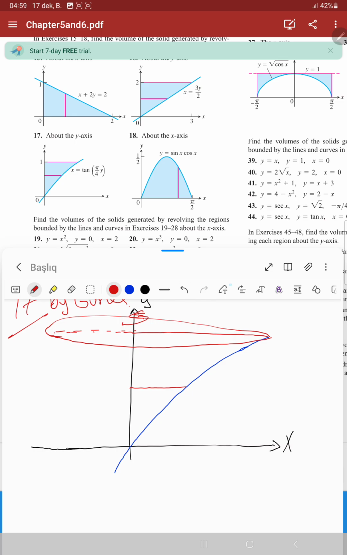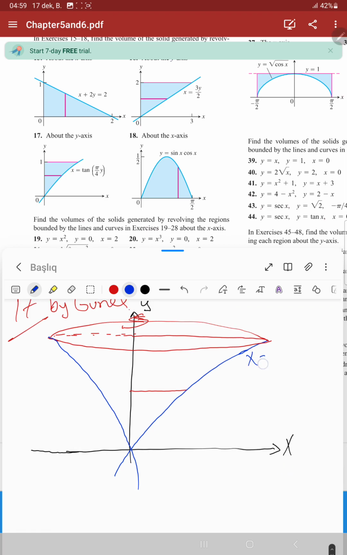It's an ugly circle, but I think you understand what I mean. Same thing in here. They should be symmetrical, but it's okay. So x equals tangent pi over 4 y, and this point is (1, 0).